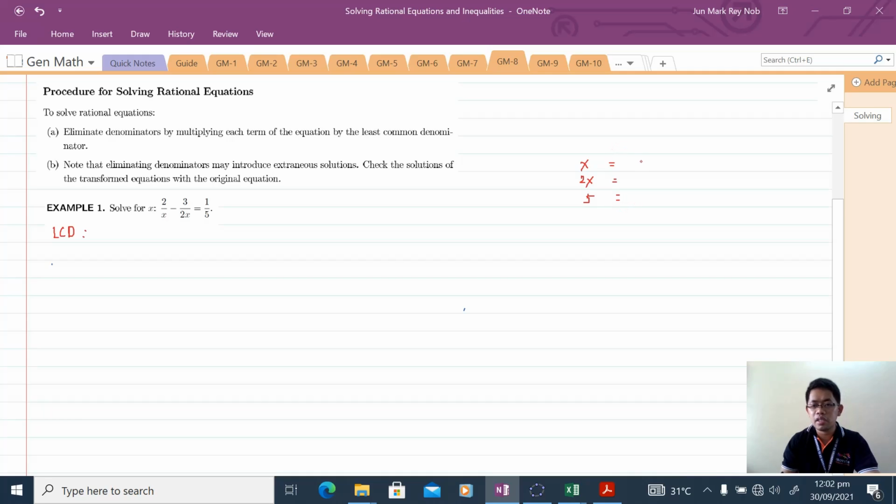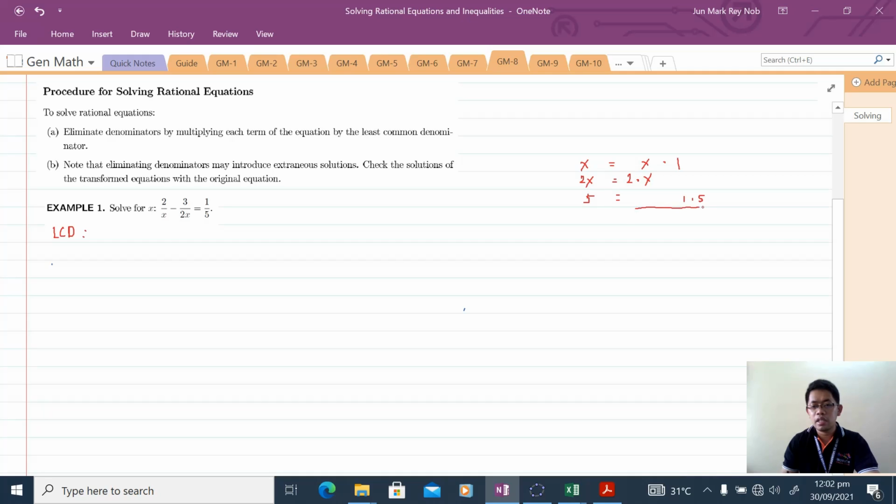All we have to do is to find the factors of each denominator. So for x, the factors are x times 1. X times 1 is simply x. For 2x, the factors are actually 2 and x. So 2 and x, and if the factor already exists, we just simply align. The factors of 5 are 5 and 1, so we have 1 times 5.